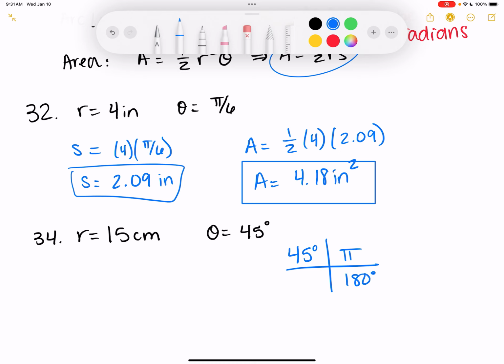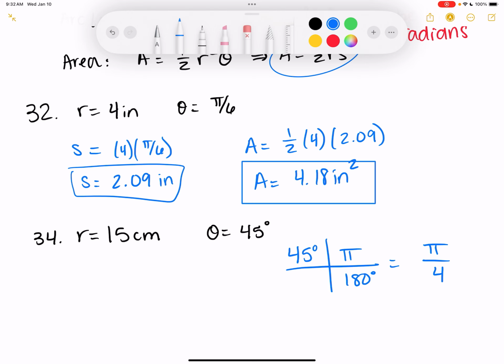Now, what is 45 degrees? It's where? Okay, it's on the unit circle, so we already know this one. I'm just setting this up because if it wasn't a value that you knew, this is how we would have to do it. But we know that ends up being pi over 4 from the unit circle.